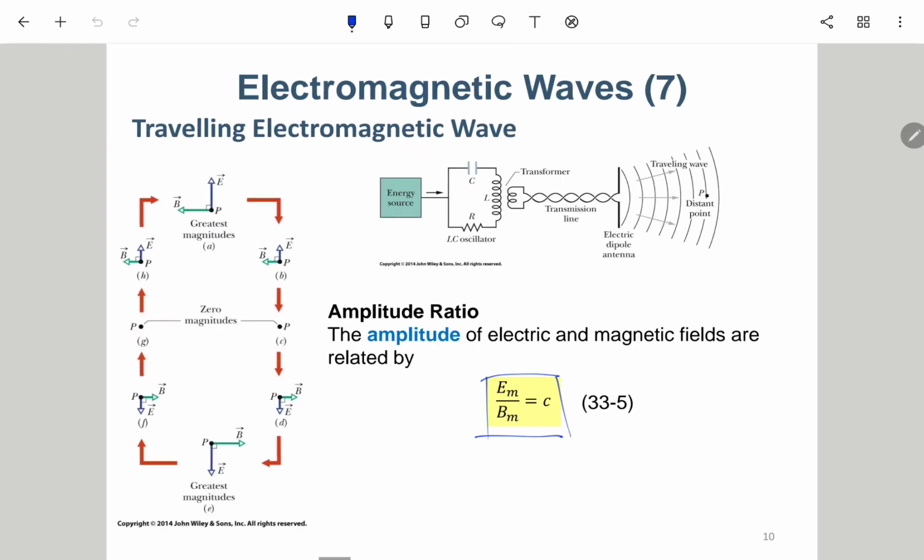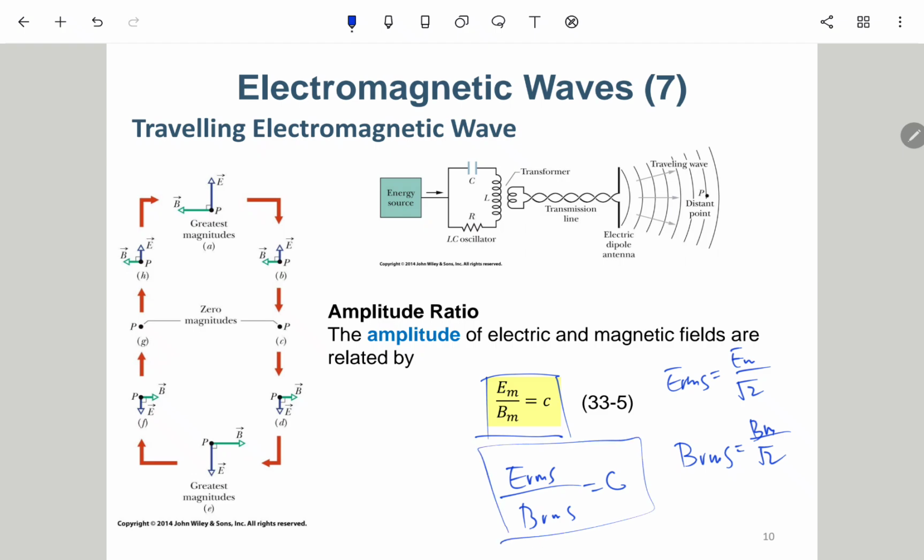And don't forget, Em over Bm will be c, where Em is the magnitude. So E RMS divided by B RMS will also be c. Here E RMS is Em over square root of 2, and B RMS is Bm over square root of 2, just following the RMS values when we learned chapter 31.